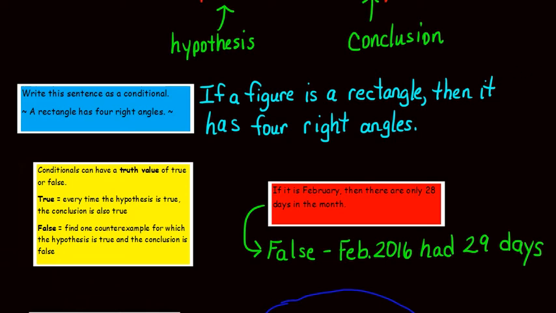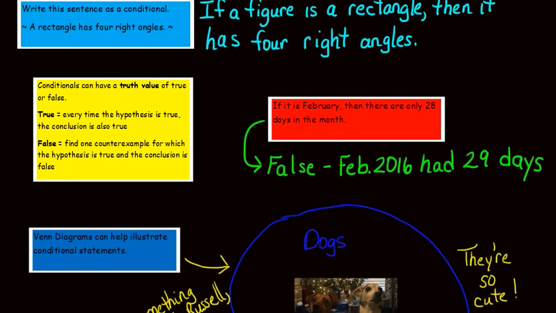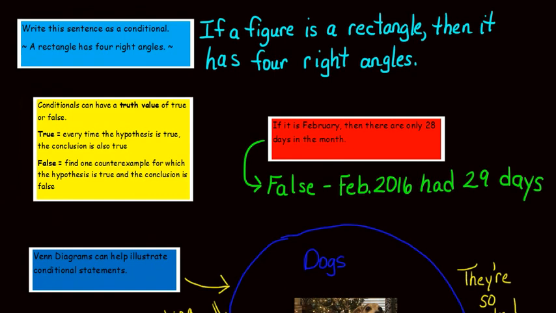So I've given an example of this in red. If it is February, then there are only 21 days in the month. But I've proven this false because I know that this past February, 2016, had 29 days. So this had a false value.